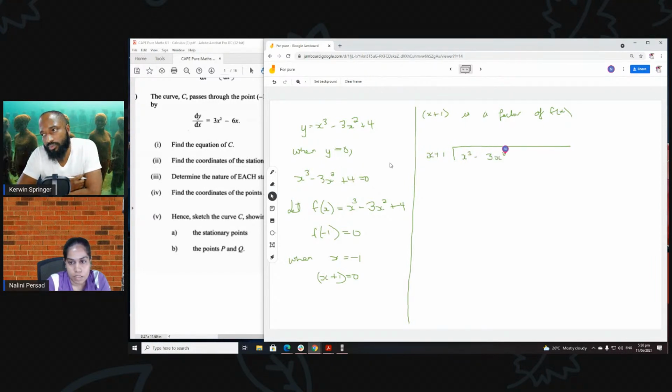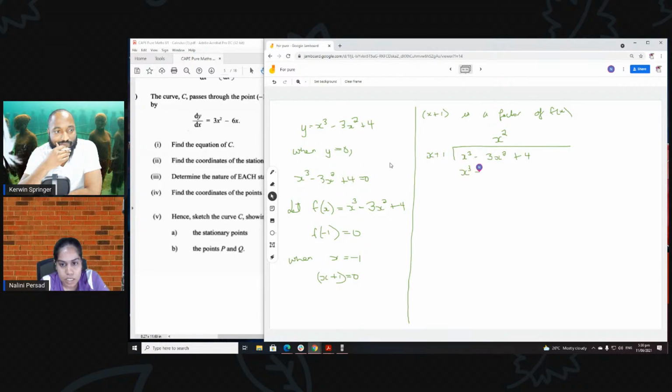X squared plus 4. So we're going to find, on top here, you will get a quadratic. This is called the factor term. So x into x cubed, we get x squared. So we're going to put it here. Right, x squared by x plus 1, so you get x cubed minus x squared.